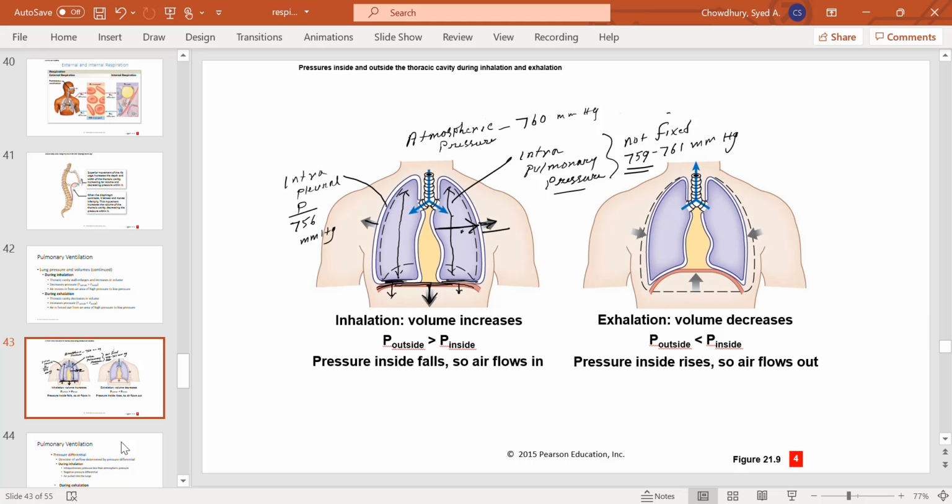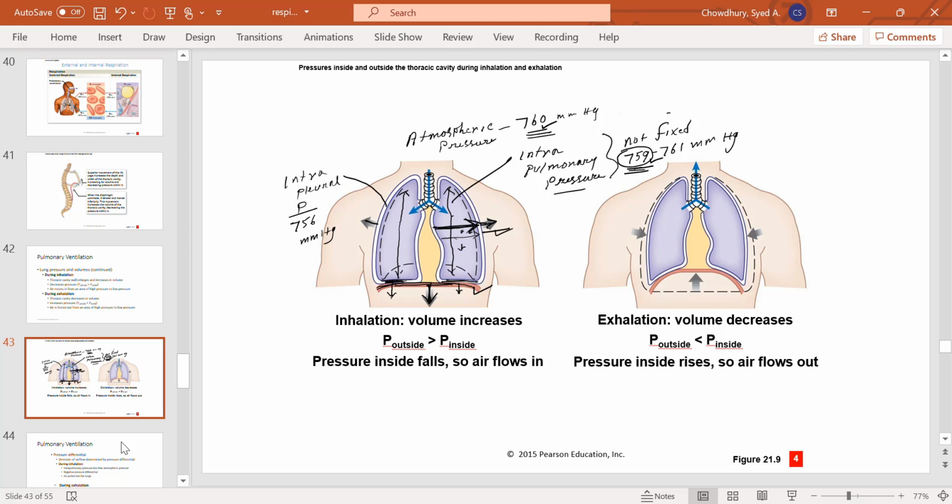So will expand horizontally, anterior-posteriorly. Makes sense? So when the lungs will get expanded both vertically and anterior-posteriorly because of the movement of the diaphragm and the ribs, then the space or volume inside the lung will increase. Makes sense? Expand, and that will drop the pressure inside the lung to what? 759. Okay, so when the pressure inside the lung will be 759, what is the outside pressure? 760, right?